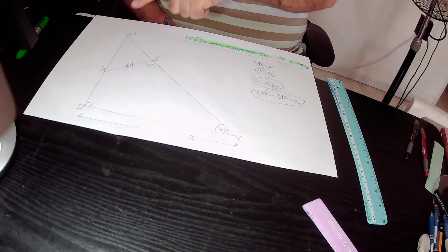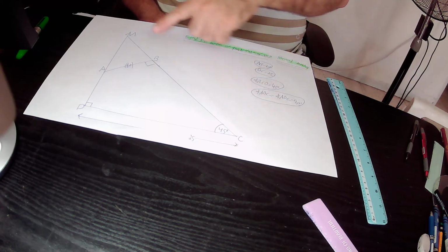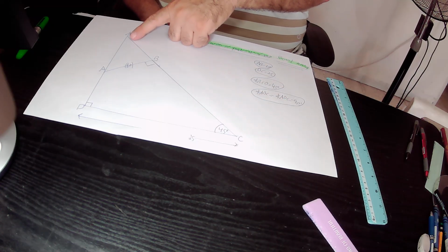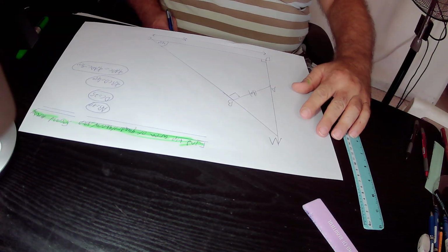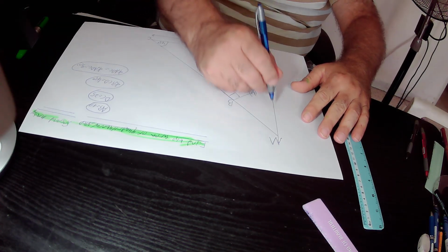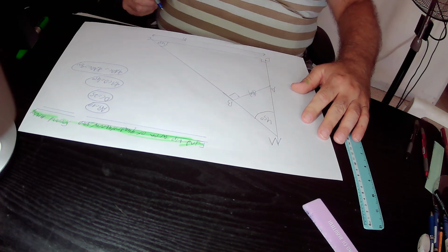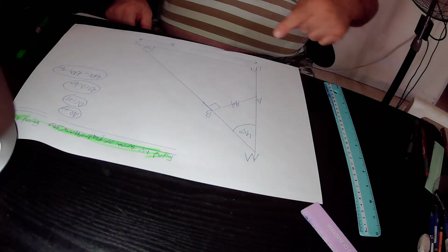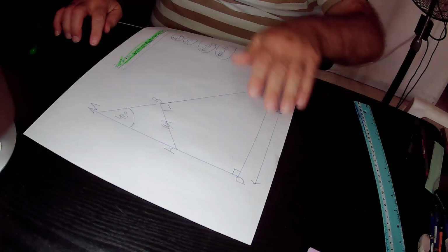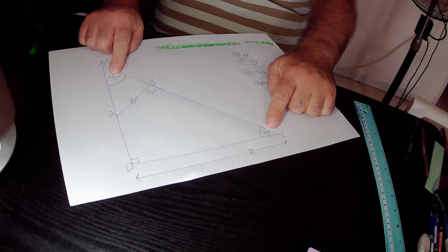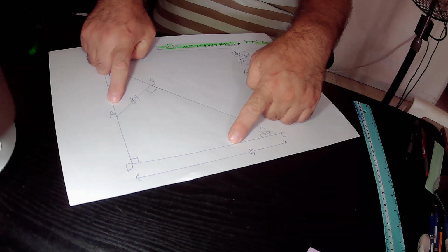In the big right triangle MDC, this angle equals 90 degrees, this angle equals 45 degrees, and therefore this missing angle must be equal to 45 degrees in its size, according to the rule that the sum of the angles in a triangle is equal to 180 degrees. So in the big right triangle MDC, opposite those two equal angles, we have two sides that must also be equal in length.